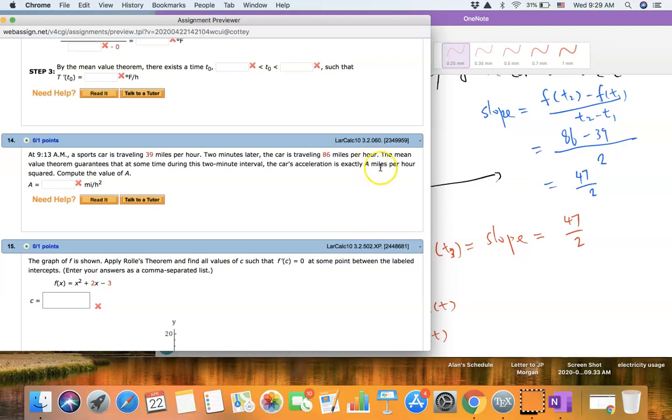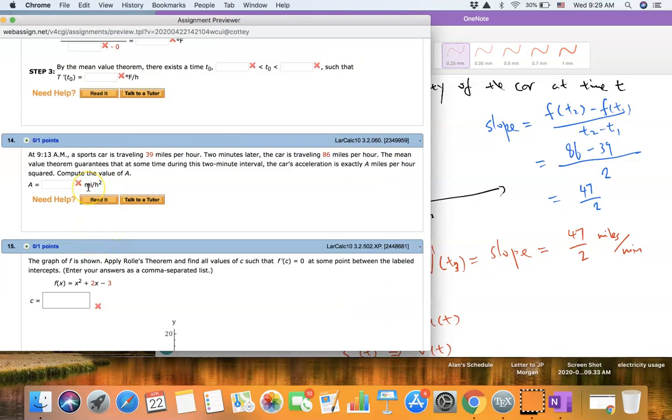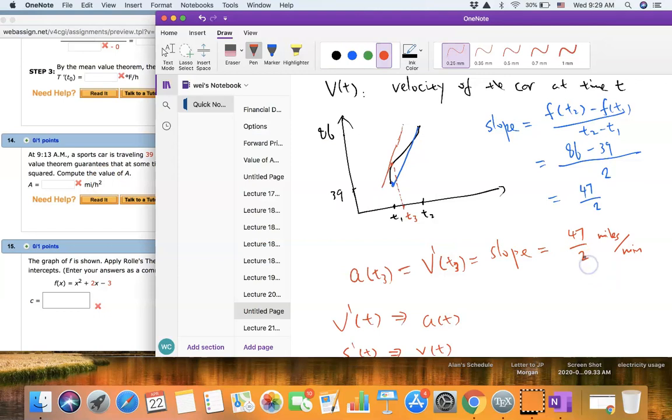But remember what measurements we used here. The numerator is the number of miles, and for the denominator we used minutes. However, here we are asked to use miles over the square of hours. So we have to turn this into hours.